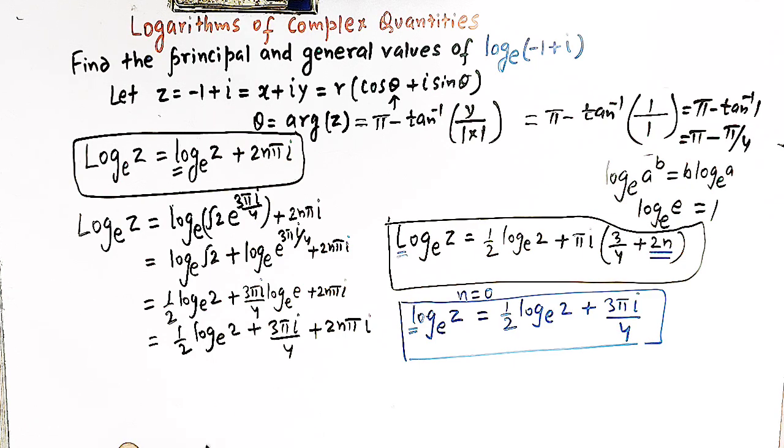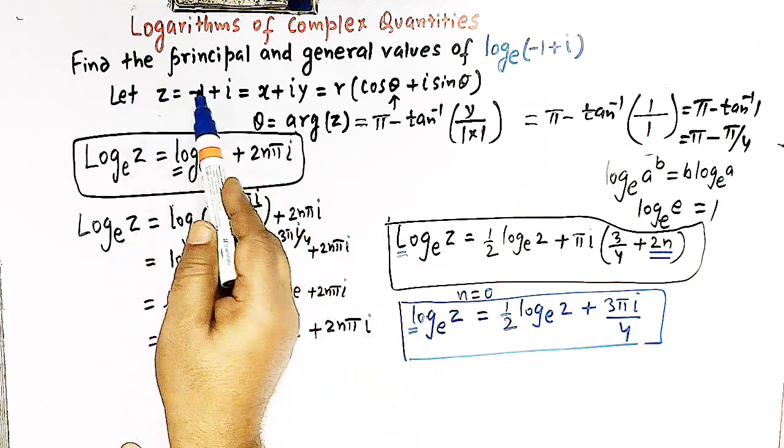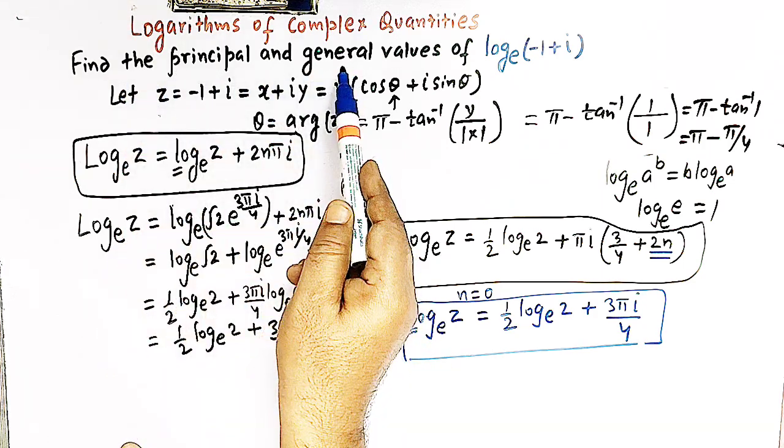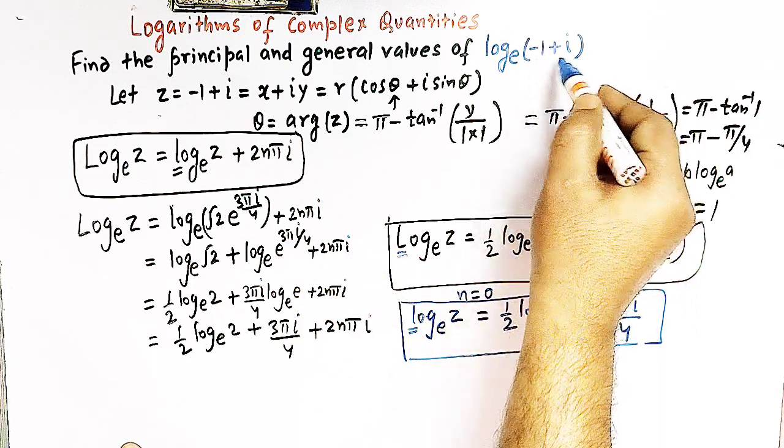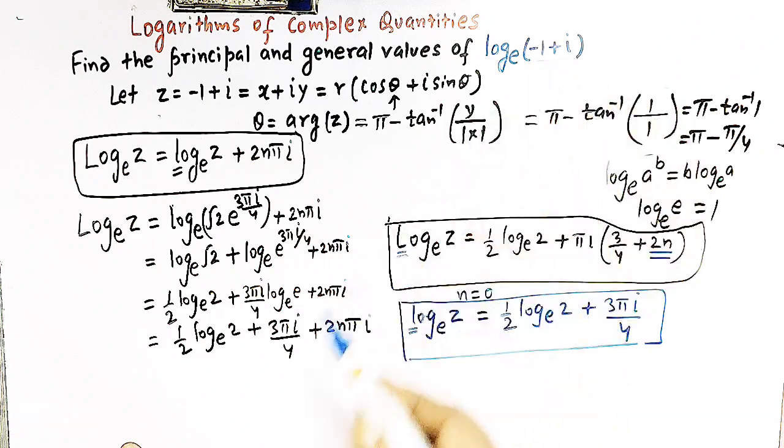So viewers, this is how we can find out the principal value and the general value of the logarithm of a complex quantity, right? And remember, whenever we find the principal and the general value of the logarithm of a complex quantity, we have to first convert this complex number into the polar form.